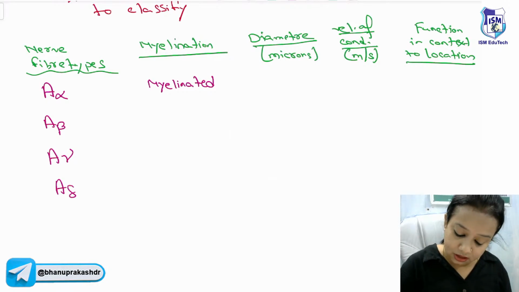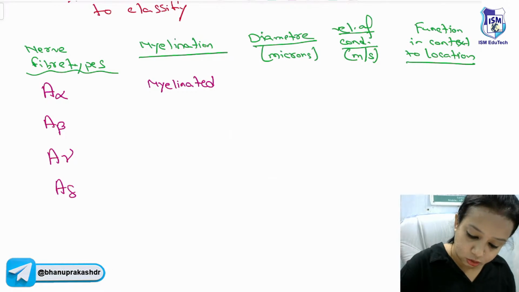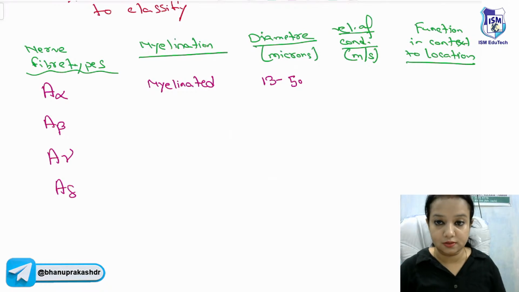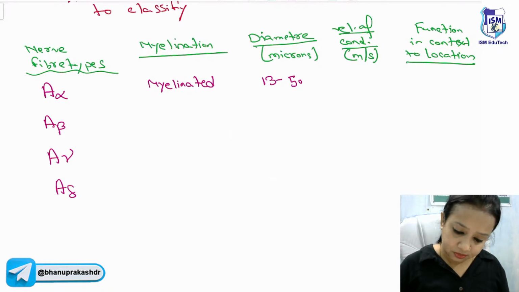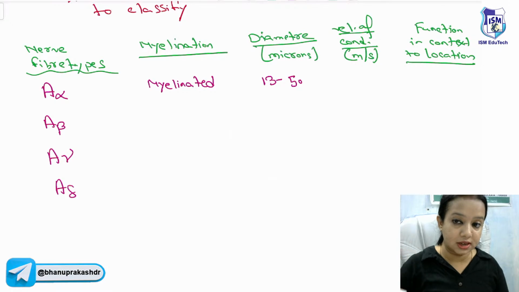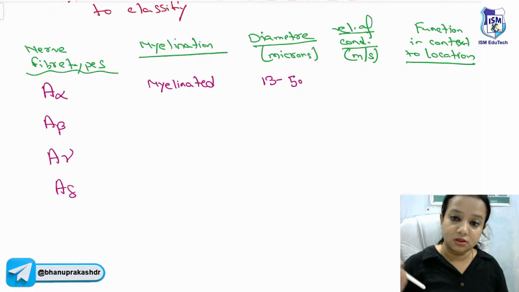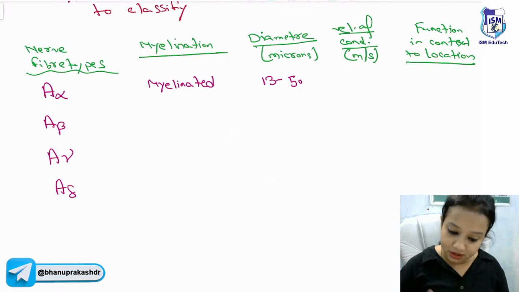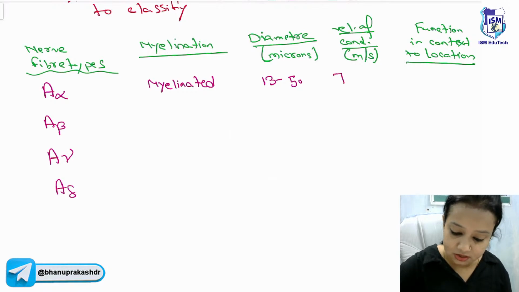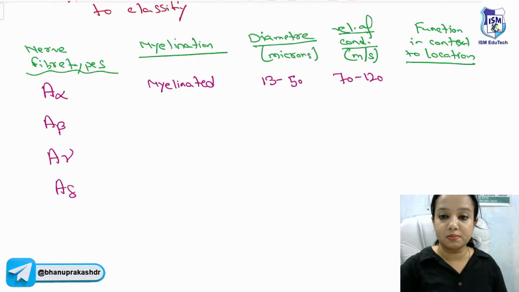Its diameter is about 13 to 50 microns. Since it is heavily myelinated, the velocity is very fast, because thick myelination lets saltatory conduction happen, that we discussed in the previous class. The velocity here is about 70 to 120 meters per second.